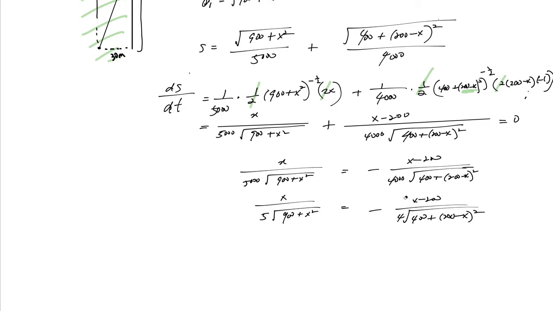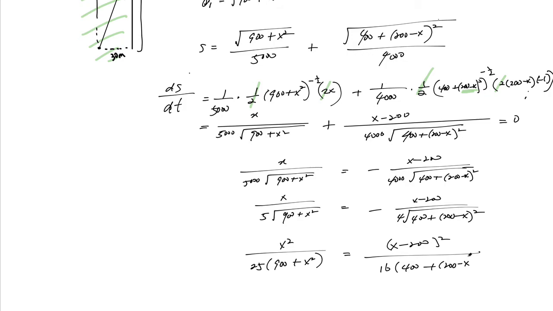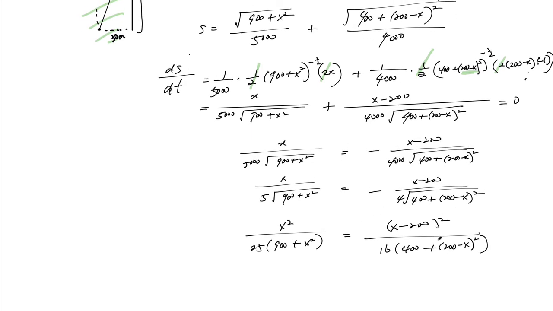And then you can square both sides to get x squared over 25 equals, with 900 plus x squared, to get rid of the root expression. Square that, the negative will go away. Note that 200 minus x and x minus 200 are actually the same thing once squared, so I'm going to change that to x minus 200.